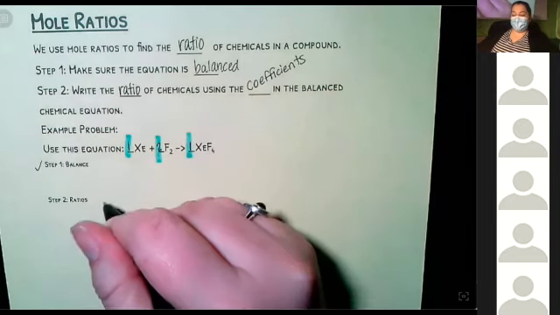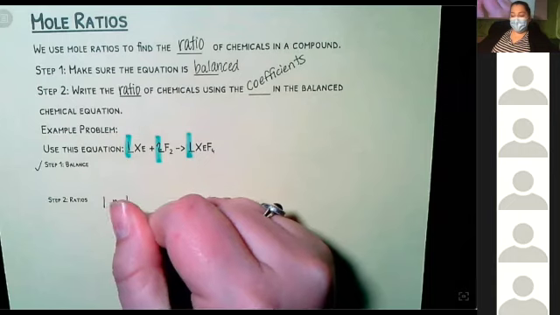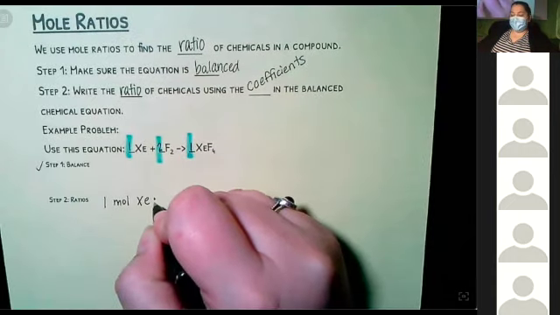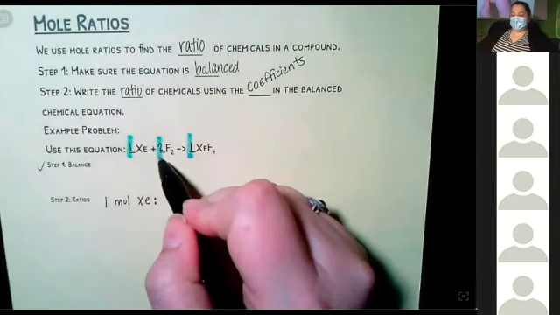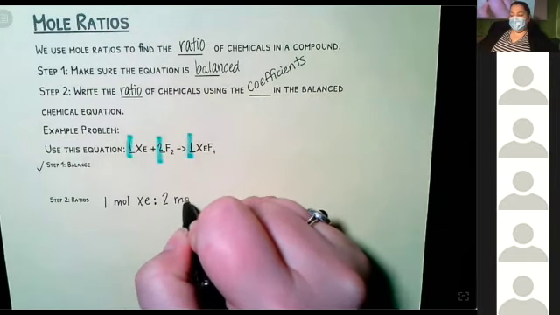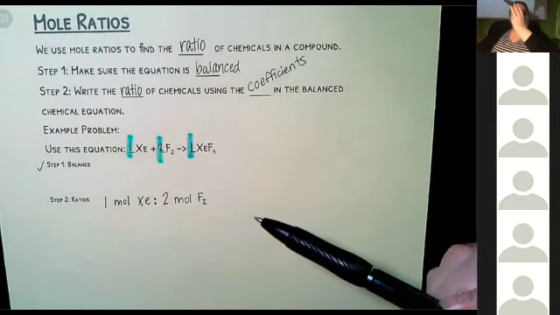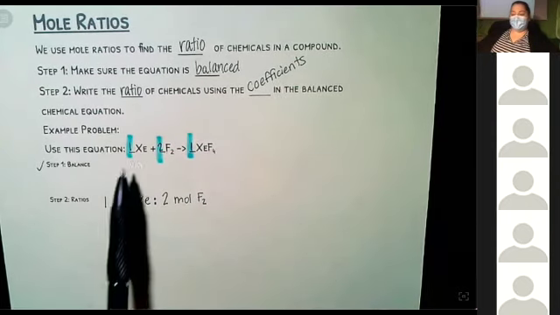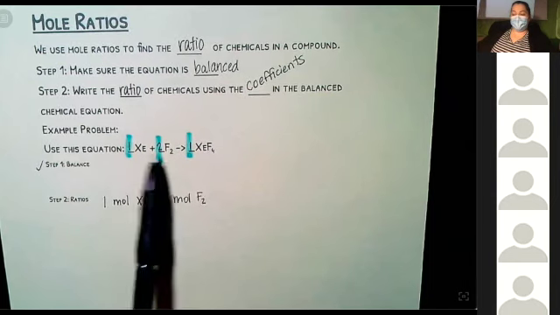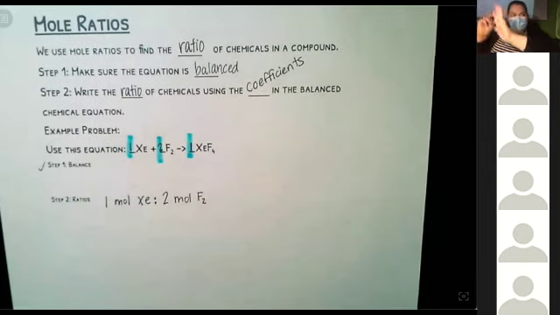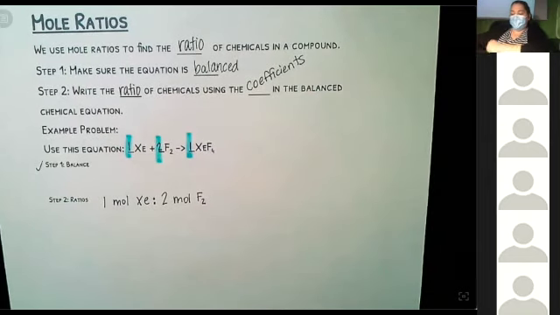So, for example, we have 1 mole of Xe to every 2 moles of F2. That's ratio number 1. We're going to have 3 of them, okay? So we have to compare this first one to the second one, and the first one to the third one, and then we got to compare these 2. So everyone's got to be compared to each other, okay?